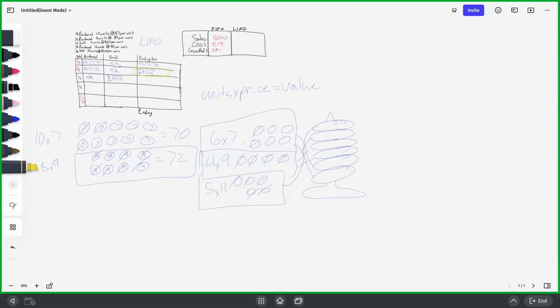We don't focus on today's ending inventory because the day hasn't ended. We're going to pull this and make it look like what it would be if you looked at a Frisbee store and we laid all of our Frisbees out. We have to specifically mark which ones we bought for $7 and which ones we bought for $9. The biggest reason why is because of cost of goods sold. You need to know how much we sold.